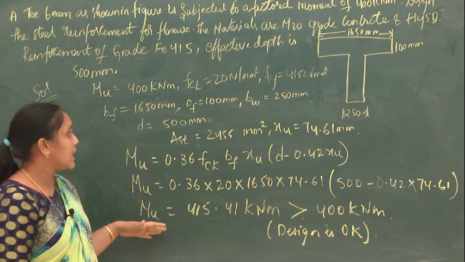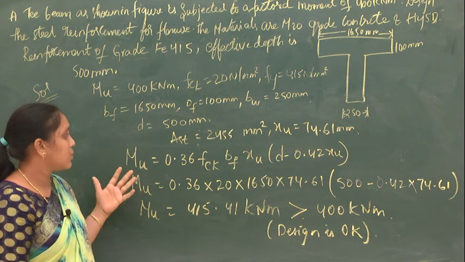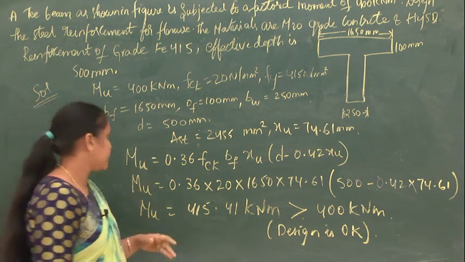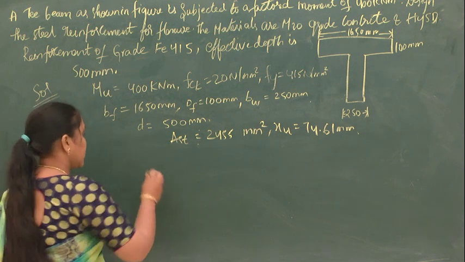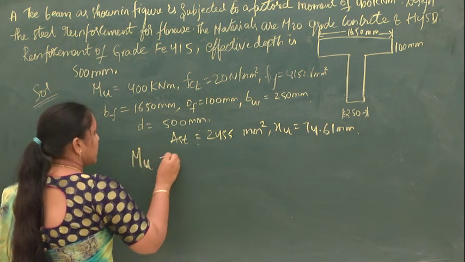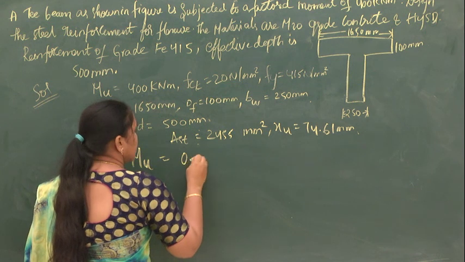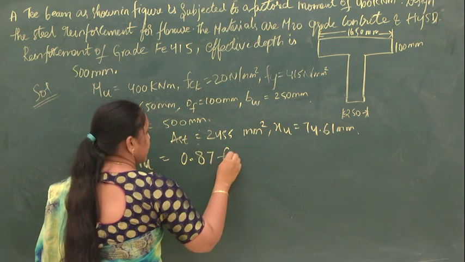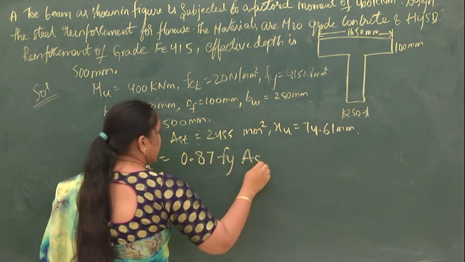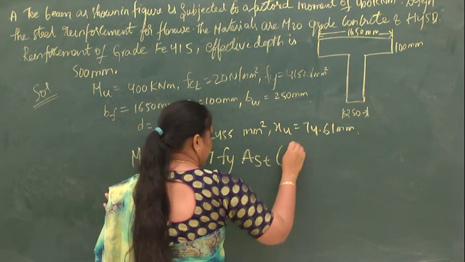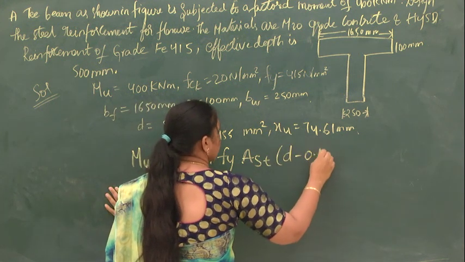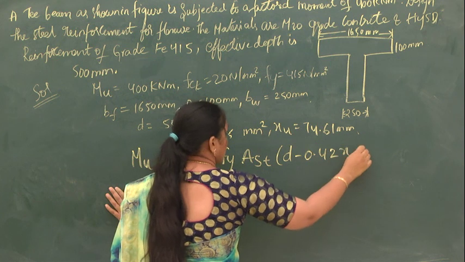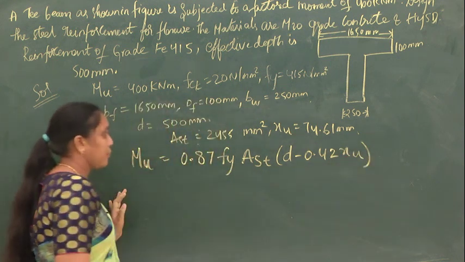So now let us calculate the moment of resistance with respect to steel. So how will we calculate the moment of resistance? Mu is equal to 0.87 Fy into AST into D minus 0.42 XU.